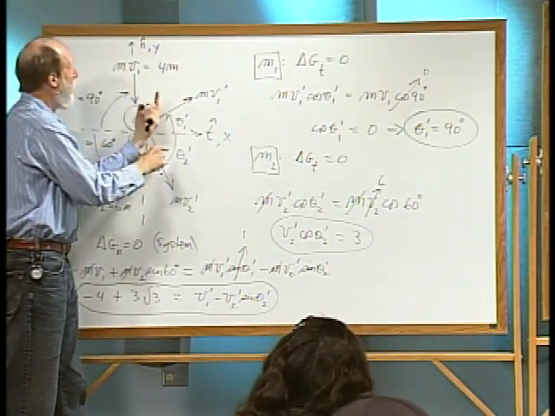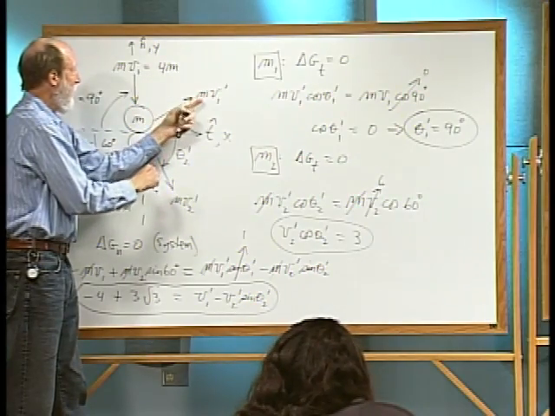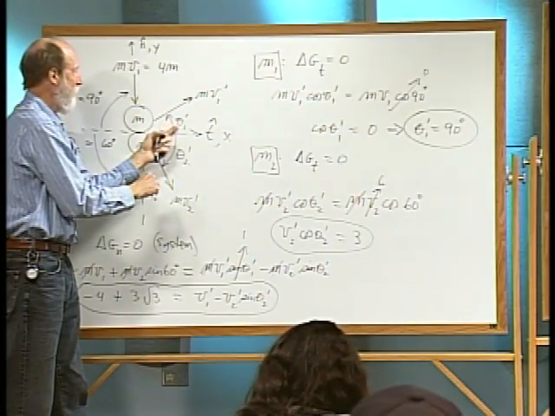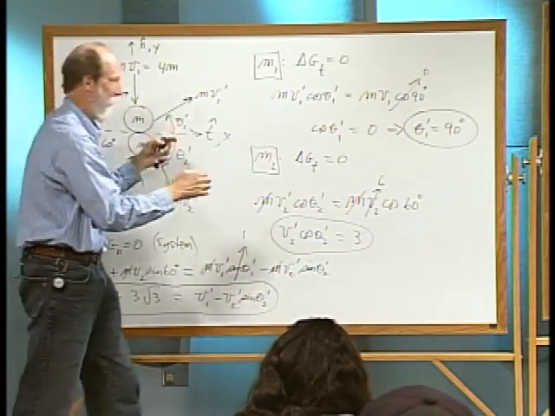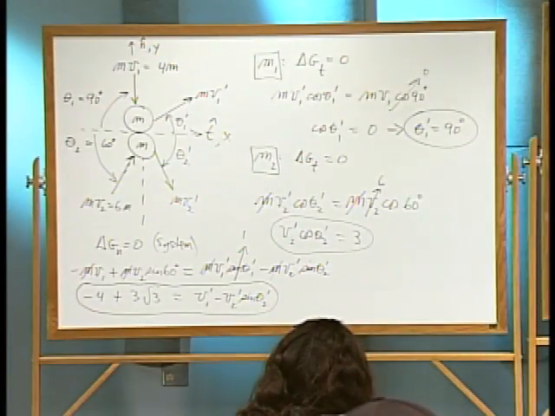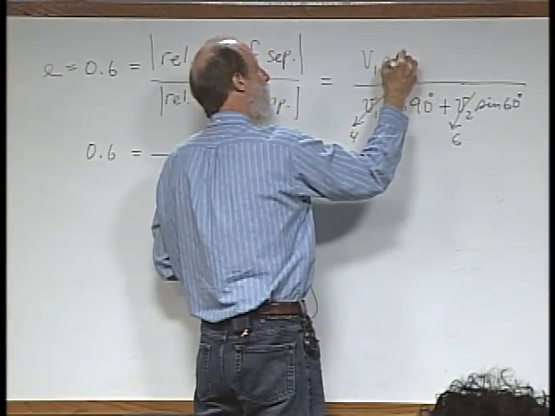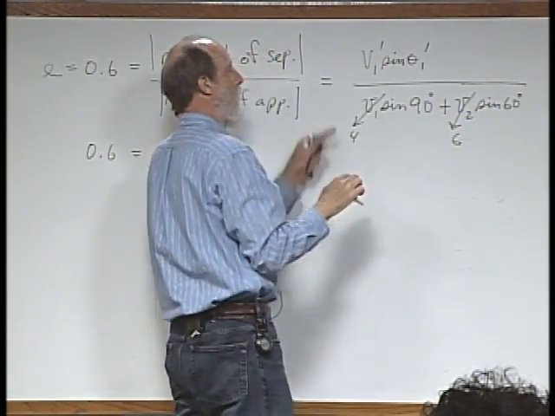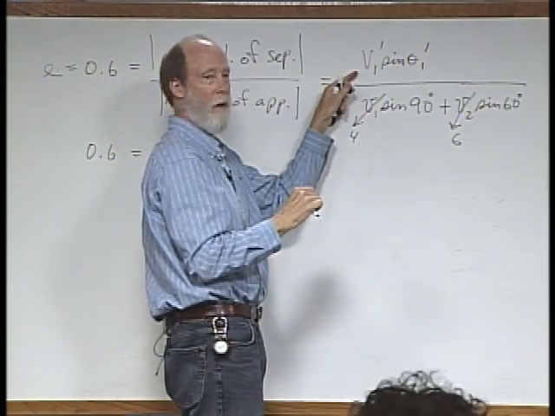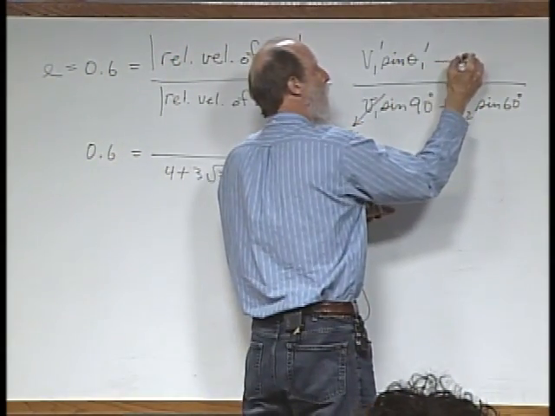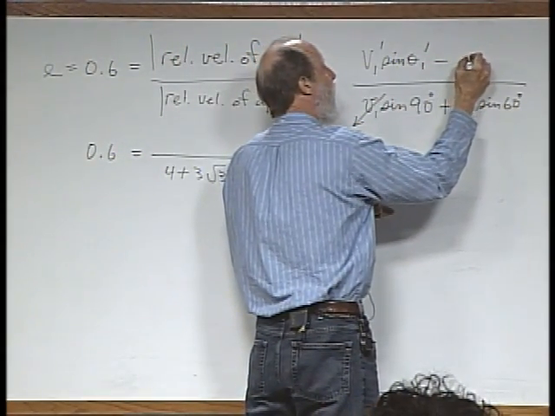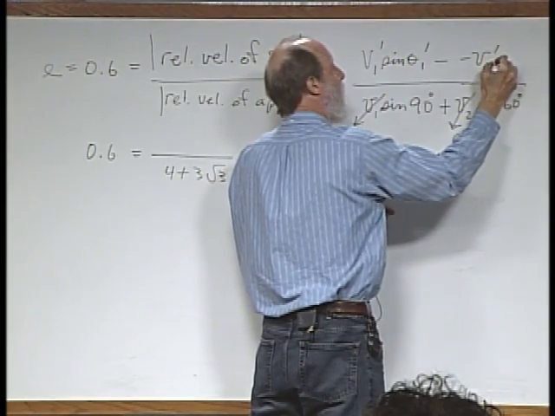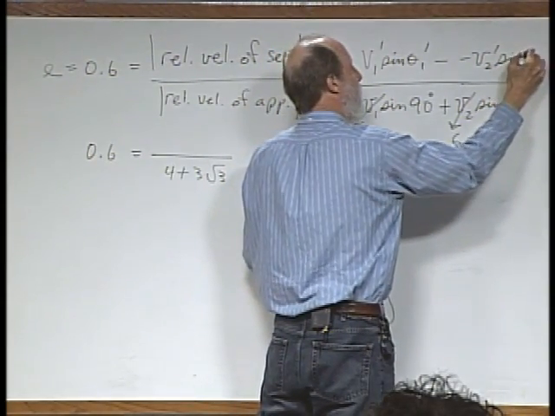So it would be v1 prime sine theta 1 prime minus a minus v2 prime sine theta 2 prime.